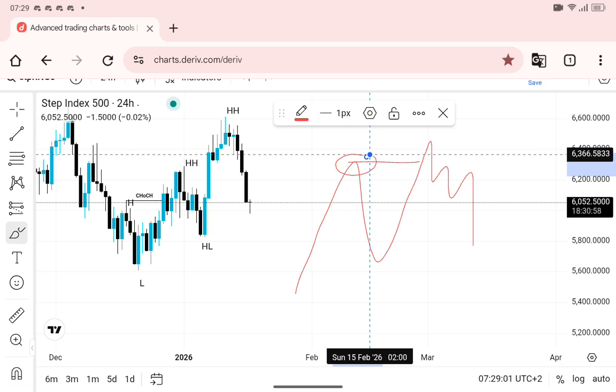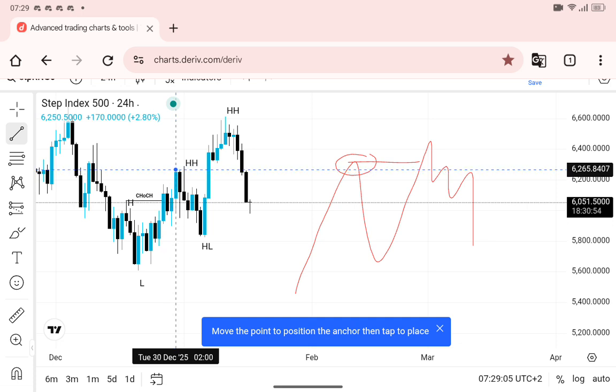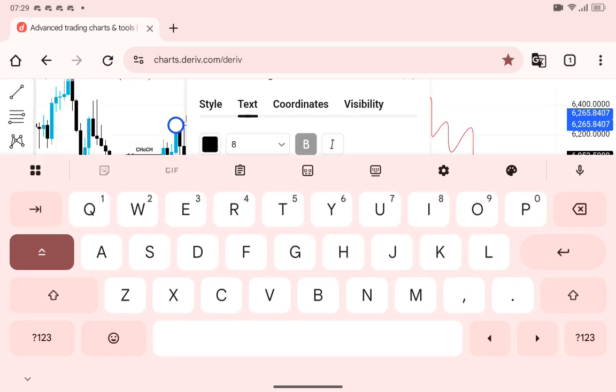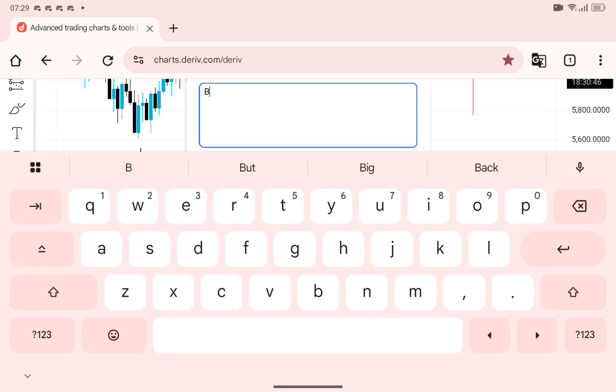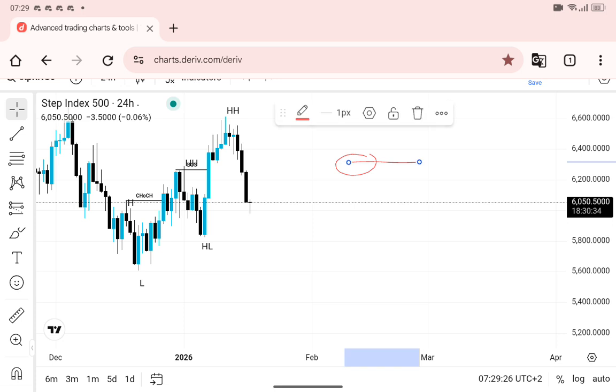Remember what I said yesterday: when price shifted this high, when you take out this high, that means you have a major break of structure. After that break of structure, there's going to be information that you look at.